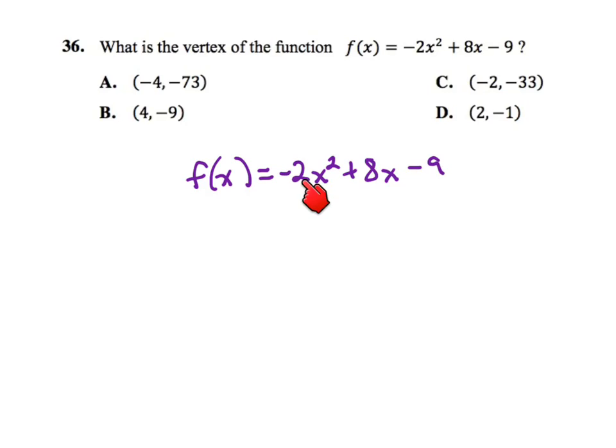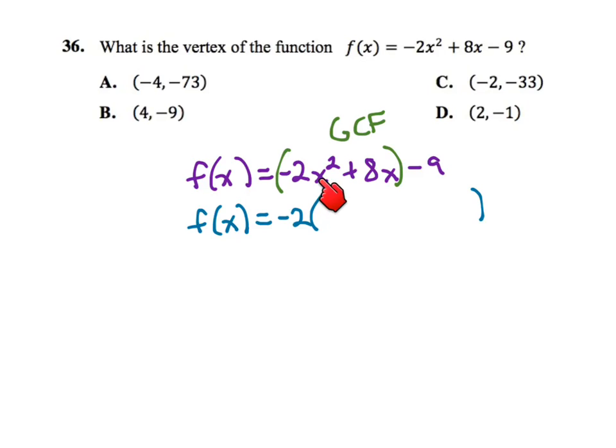So I'm going to pull out that negative 2. I'm going to factor that out of this term and this term. So I'll have f of x equals negative 2 times what? Well, this term will turn into x squared. This term will turn into negative 4x. And I'm going to take my c and keep it all the way out here, negative 9. And now I can complete the square.